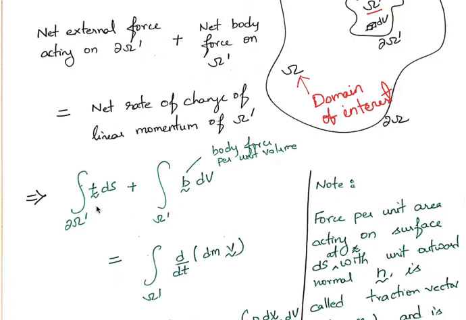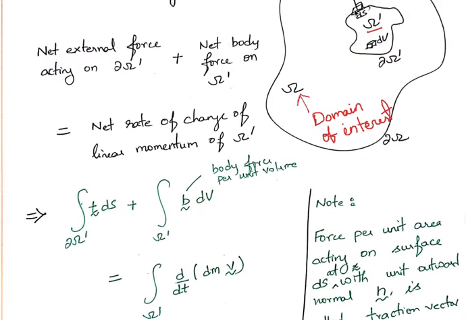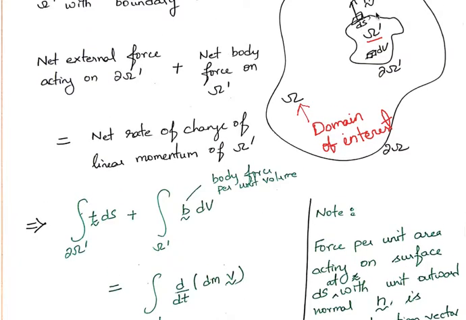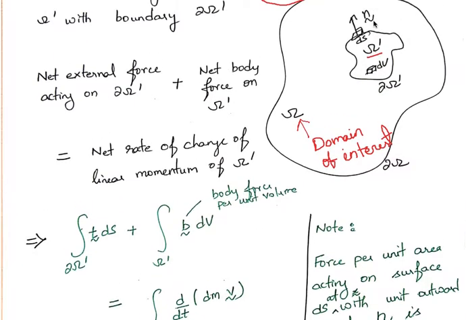So first, net external force. If you have an area element ds with a unit outward normal n, then let the force per unit area acting on this plane at this point be denoted by T. So what is T? T is called a traction vector.